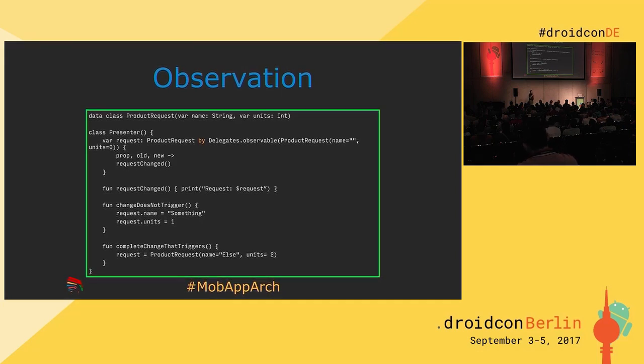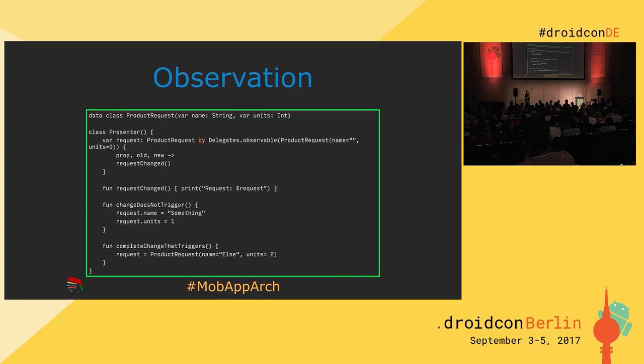But please notice that I have there the by, that is the keyword to imply that this property is delegated to this object, to Delegates.observable with this initial value. What I'm telling is, okay, when you have a change, invoke this method. I can ignore the three parameters that are passed to that lambda.